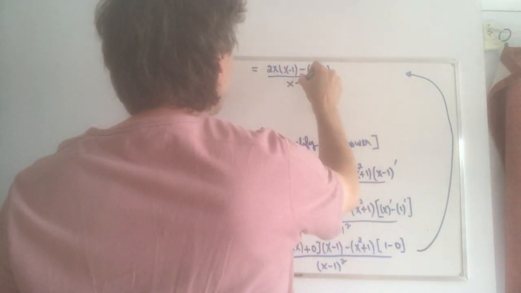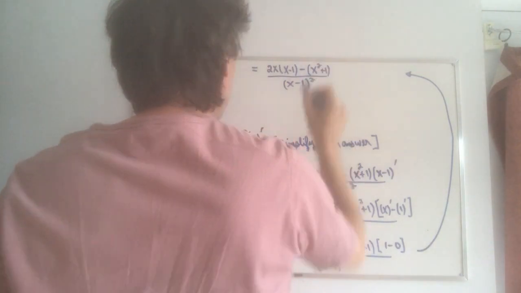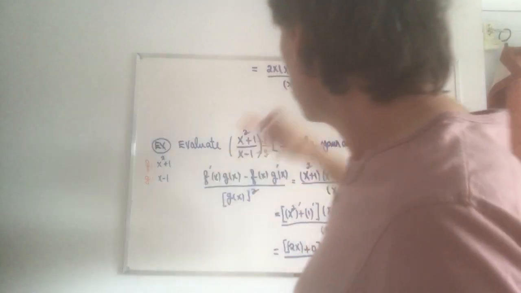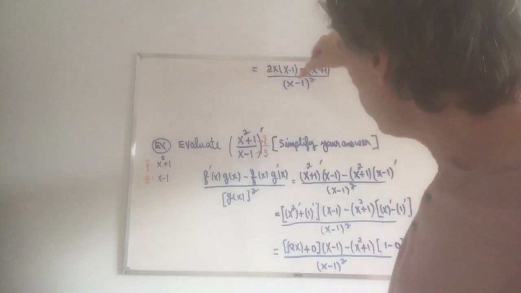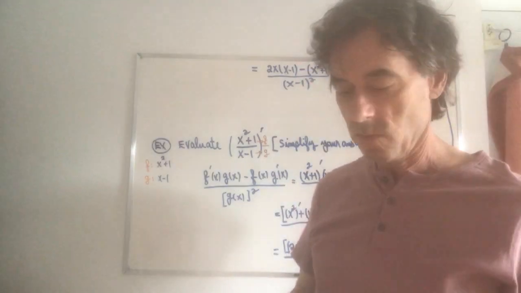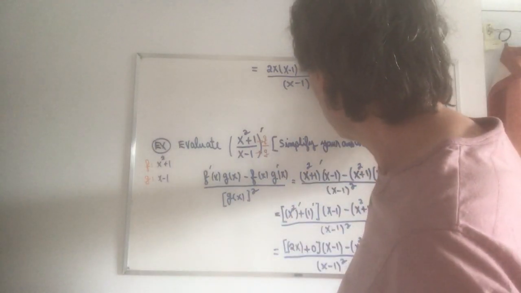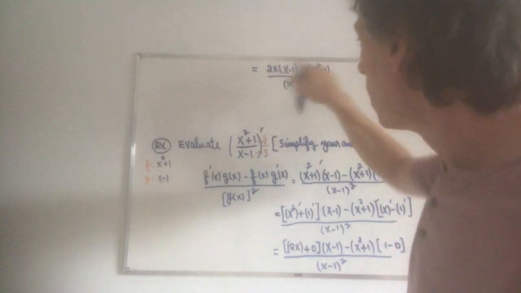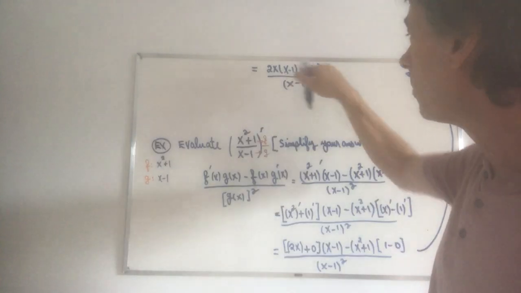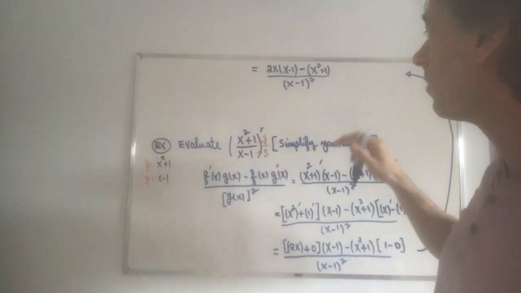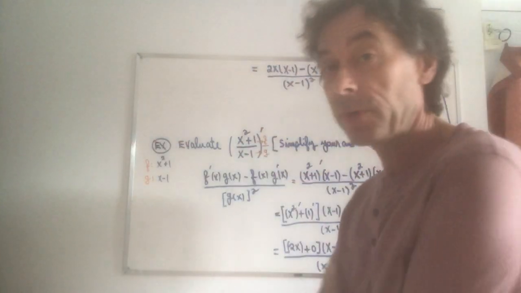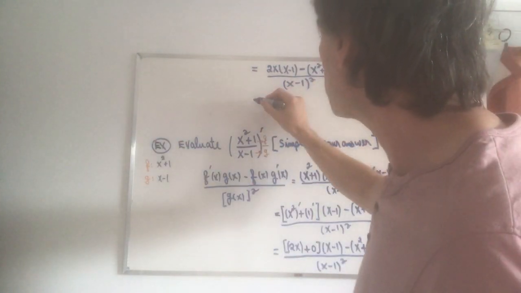All over x minus 1 squared. Now let's stay away from silly mistakes. Am I allowed to cancel this x minus 1 and one of the x minus 1 downstairs? You may be tempted to do that, but it would be wrong. Why? Because there's a minus here that actually links those two. So unless the x minus 1 is factored out in front, there is no possible simplification here. So let's not do anything silly. We're just going to leave this like that and continue the proper simplification of this expression.